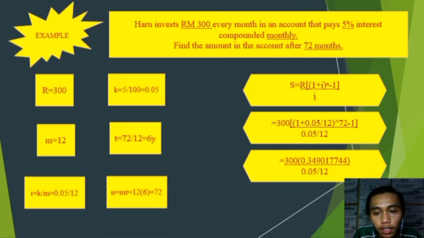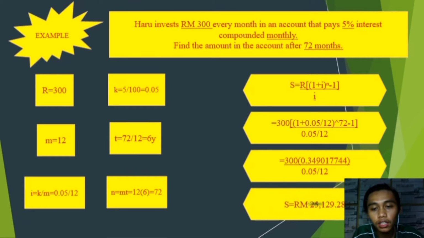That will be 300 times 0.349017744 divided by 0.05 divided by 12. So the answer is S equals RM 25,129 and 28 cents.